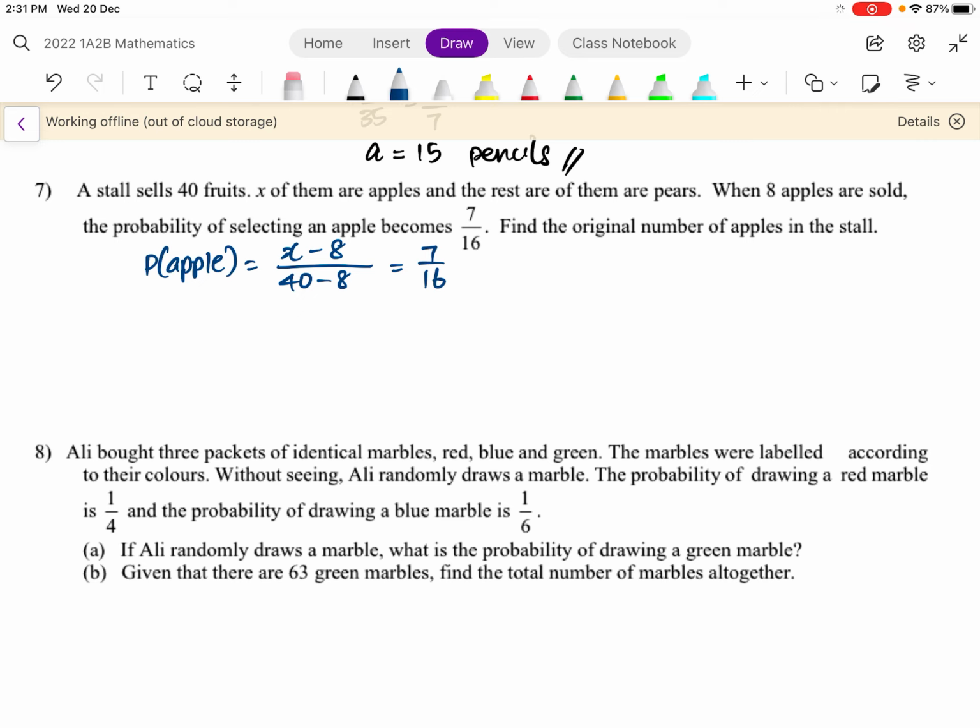Similar to the previous question, manipulate it. So we have X minus 8 over 32 is 7 over 16. You can simply multiply both sides by 32. You end up with X minus 8 equals 14. Therefore, X must be 14 plus 8, which is 22. Original equals 22 apples.